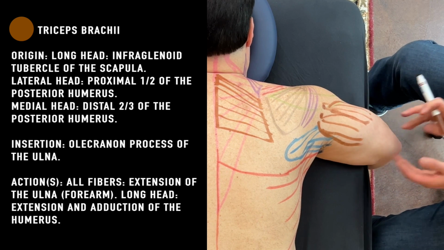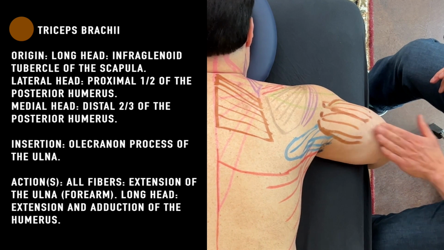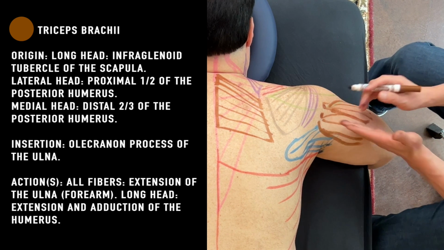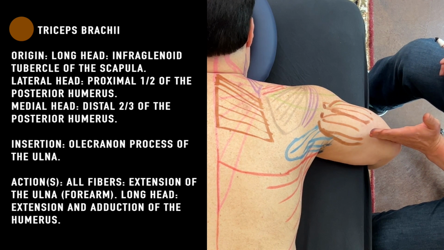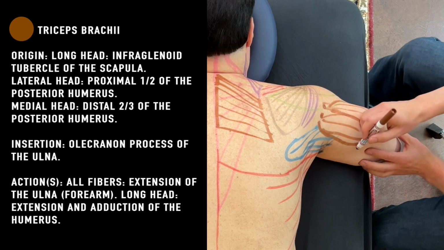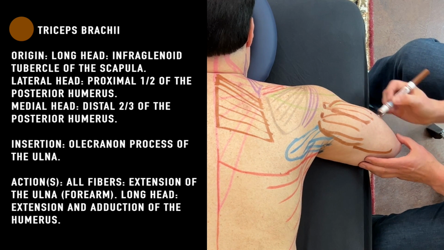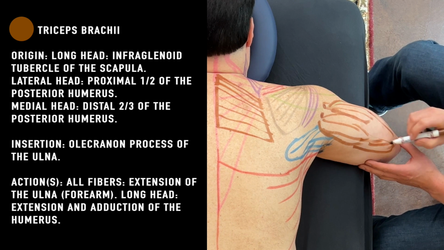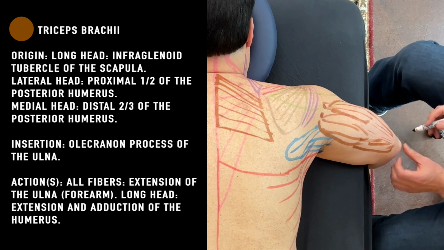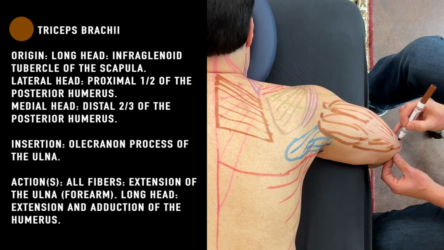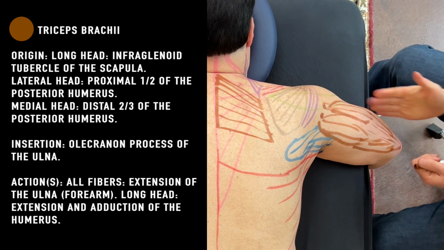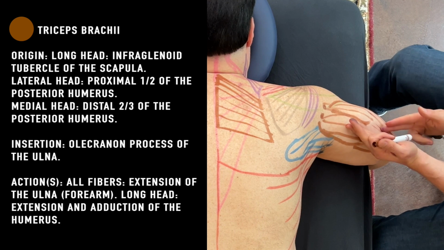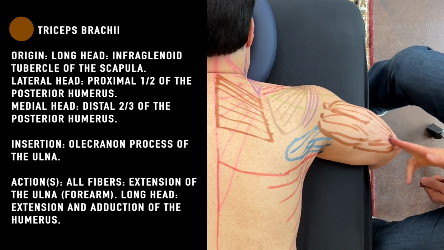Underneath all of this, why we can't feel the humerus as distinctly in this lower area is because of the medial head, which arises from the lower two-thirds of the humerus. And the muscle belly is going to stick out like so, wrapping around. The tendon is going through here, ultimately inserting on the olecranon process. Note that there is a slight gap in between the lateral head and the medial head's origins, where the radial nerve comes out and goes around.